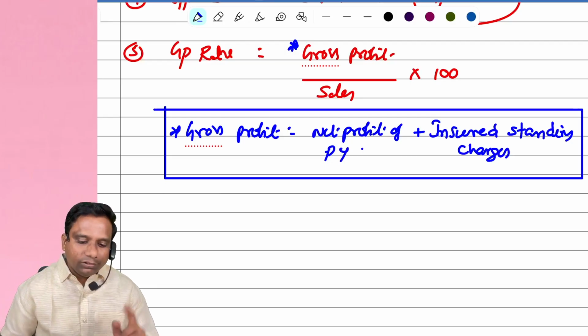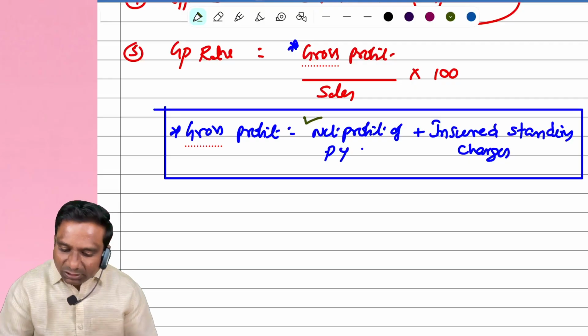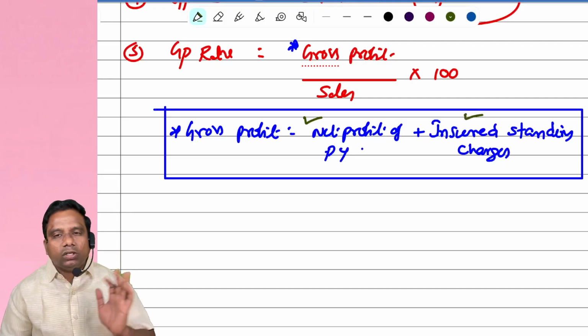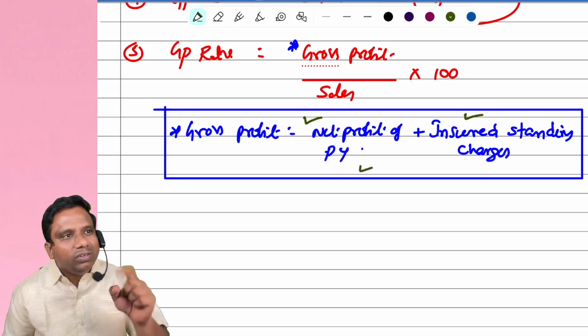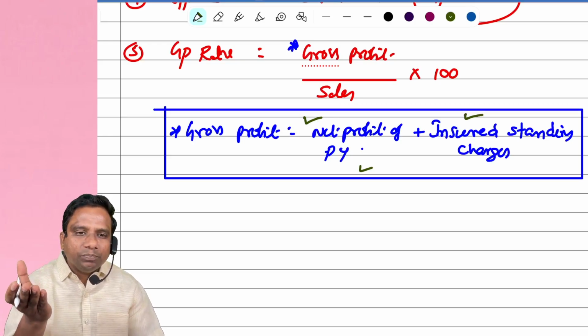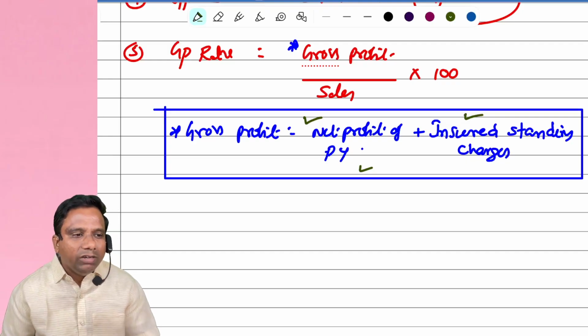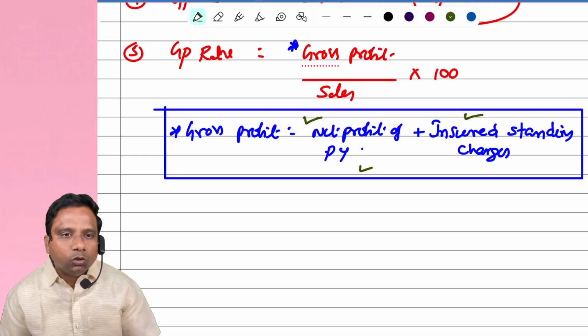Here there are two words: one is net profit of previous year, second is insured standing charges. We know net profit of previous year. Where do we get it? P&L account: if credit is more than debit, we call it net profit. If debit is more than credit, we call it net loss. Yes or no, students? Yes, sir.